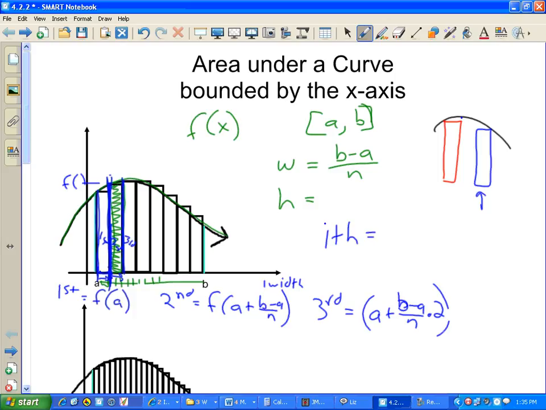So the ith rectangle's height is going to be the function evaluated at a plus the width times i minus 1. Because for the third rectangle, I multiplied it by 2, which is 3 minus 1. For the second rectangle, I multiplied the width by 1, which is 2 minus 1. So using left endpoints, we're going to have to introduce this i minus 1 term, which makes it more complex.